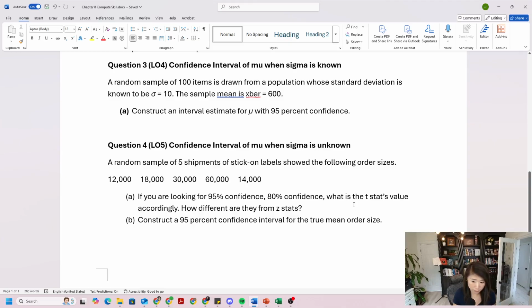In order to calculate the t-stats, in the lecture we mentioned we first need to know the degree of freedom, and second, my confidence level. In this specific question, we are looking at 2 scenarios: one is the 95% confidence interval, the other is the 80% confidence interval. Therefore, we need 2 separate t-stats.